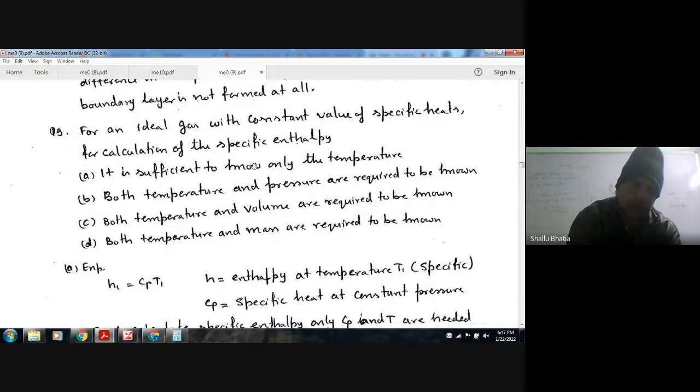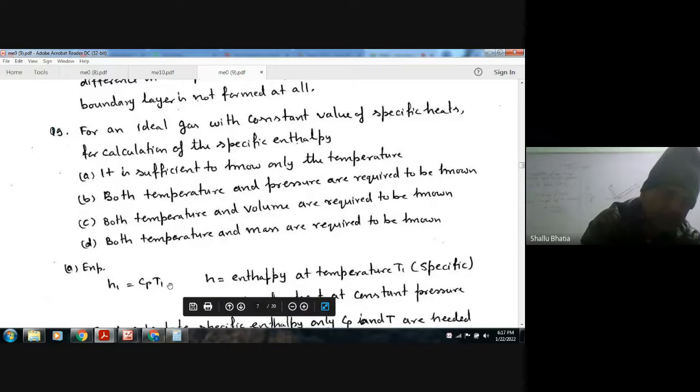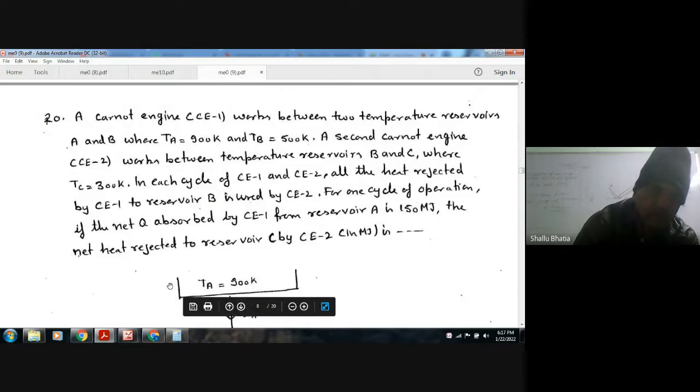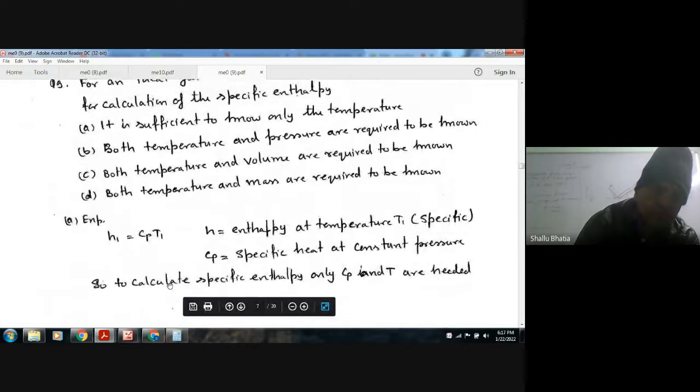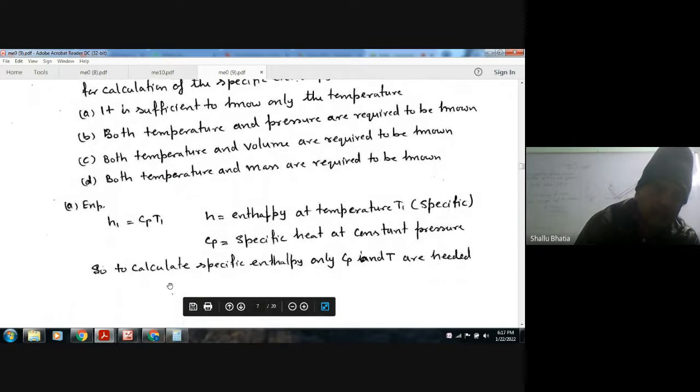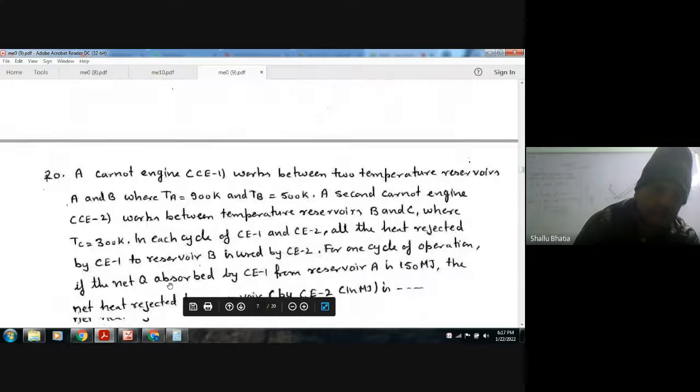For an ideal gas with constant specific heat, the specific enthalpy is given by Cp times T. So it is sufficient to know only the temperature. If only the temperature is known, we can find the specific enthalpy. So the answer is A.